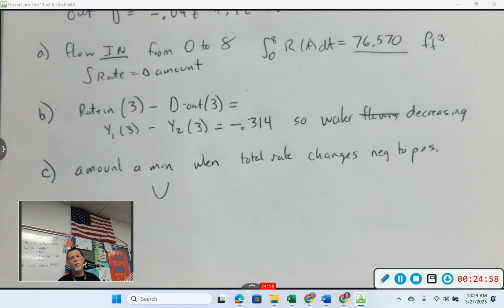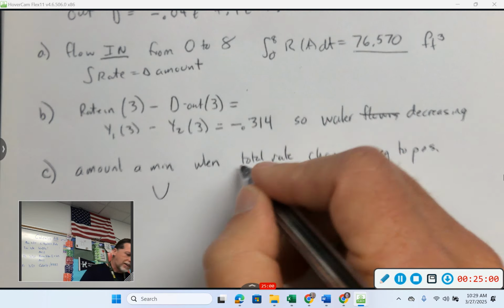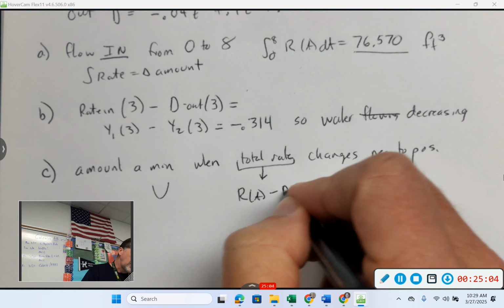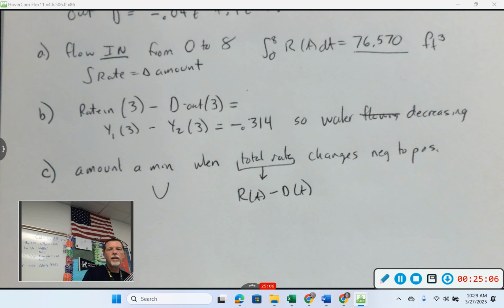So that's what I'm looking for. And the net rate is the rate in minus the rate out. So I'm going to look and see where does R minus D change from negative to positive.